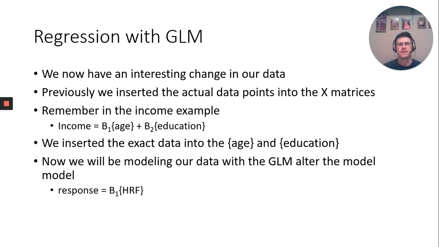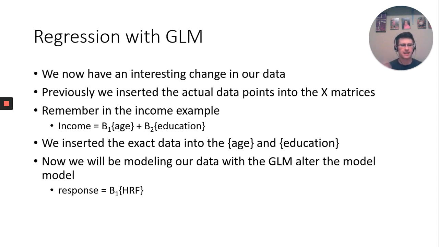If we want to implement this shape into what we were talking about with regression, we had the incomes example where we have age and education, and in those brackets we literally just put data. Now, instead of the data, we're going to use the data to solve for the beta value. Our input variable is almost our output variable.